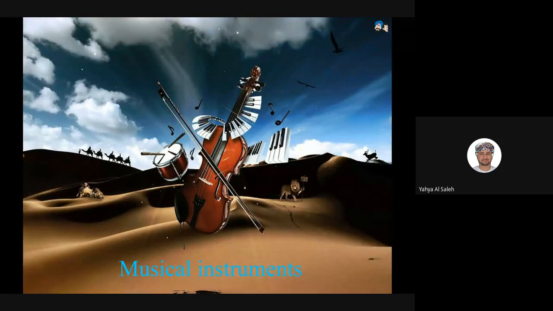Musical instruments. Anyone here plays the guitar or the violin or oud? They make different sounds depending on where you hold them. If you hold it from here and you strum the string, you will get a different sound.